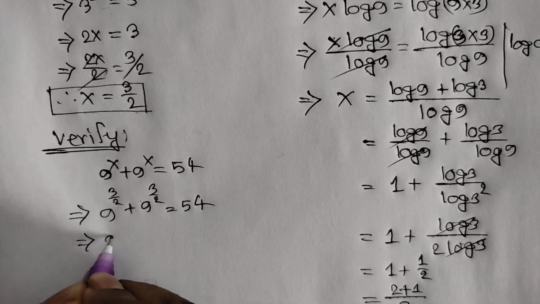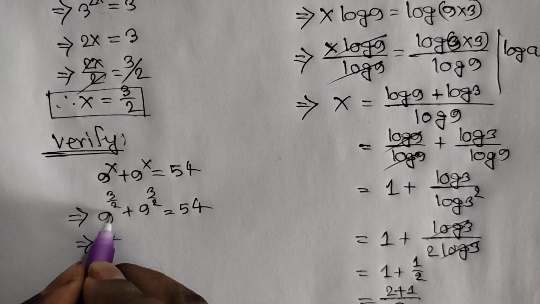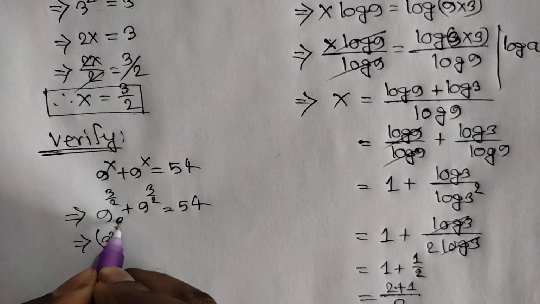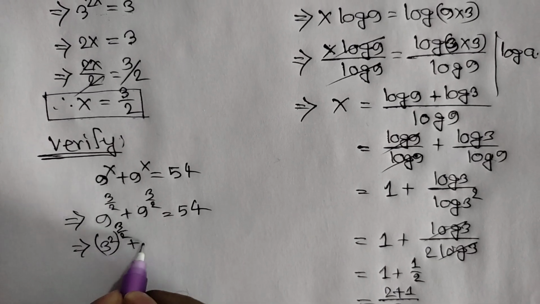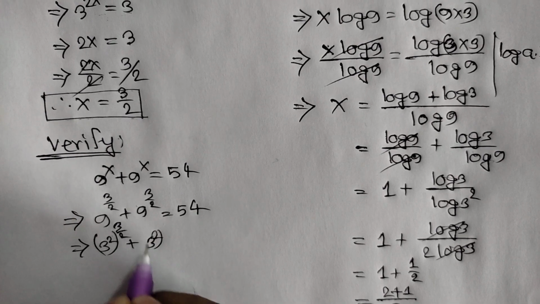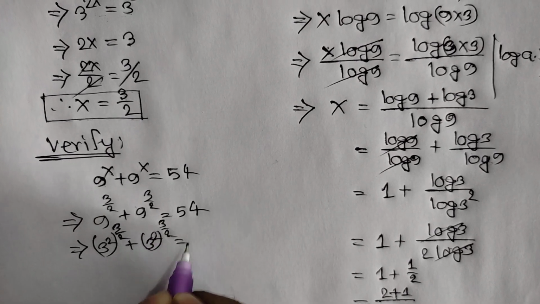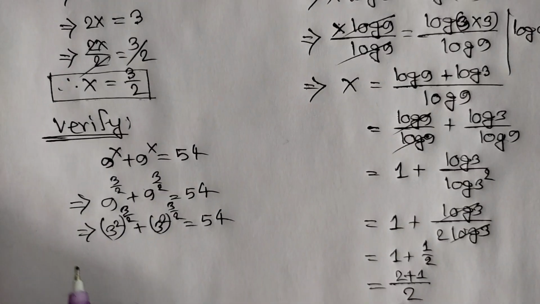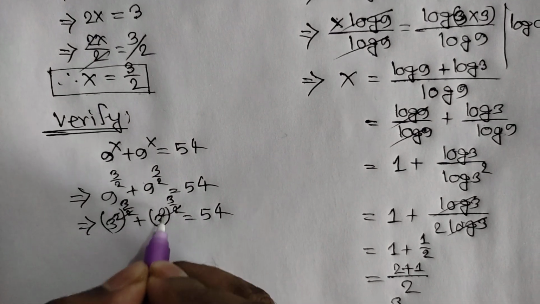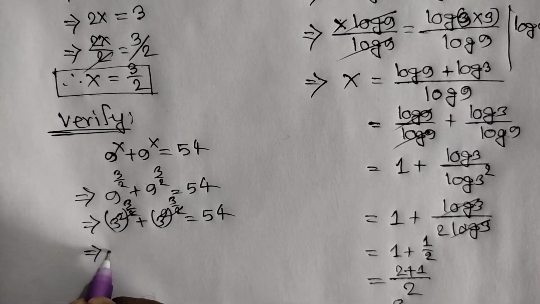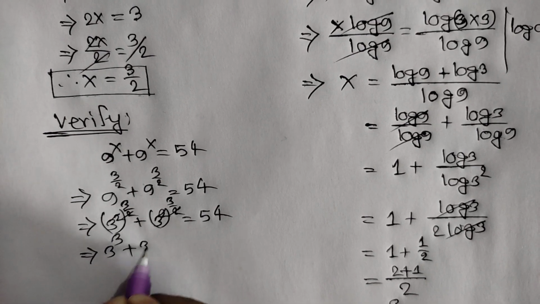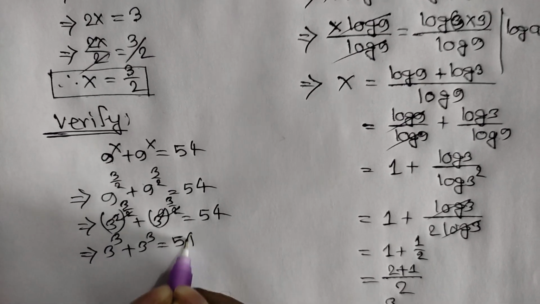Or 9 can be written as 3 square, because 3 square is the same as 9, whole to the power 3 over 2, plus the same 3 square whole to the power 3 over 2 is equal to 54. This 2 cancels out this 2 and this 2 cancels out this 2. So it will be remaining 3 cube plus 3 cube is equal to 54.